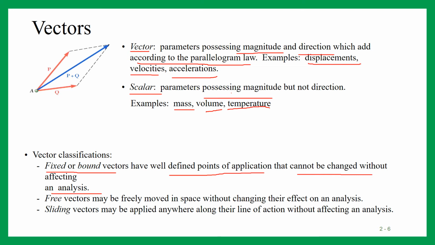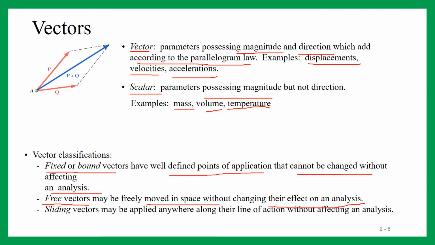Fixed and bound means they have a definite point of application, and you cannot change it. If you change the point of application, then the results will also change. So that is called fixed vectors. Fixed vectors are those which we cannot change, meaning they have to remain at a specific point.